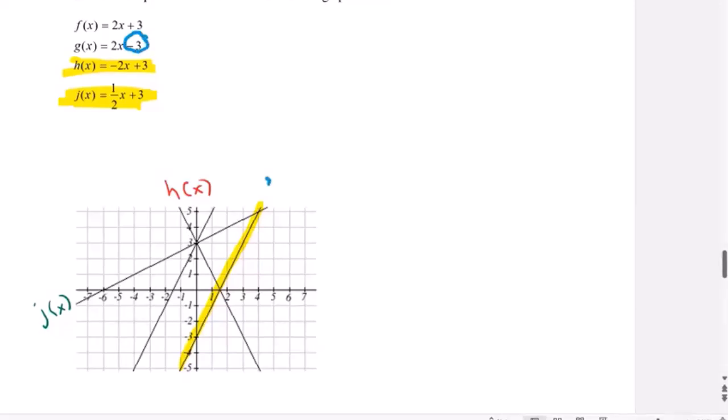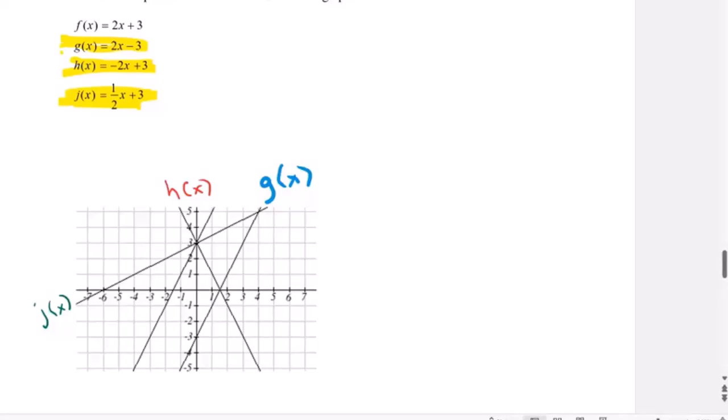So we're going to have to call this g of x. And that takes care of that line. And obviously we have one more line left. And that line, hopefully, is f of x.